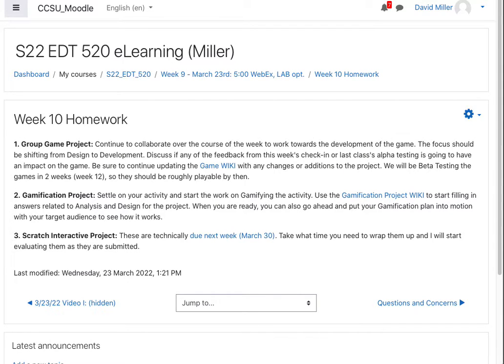But remember, these don't need to be complicated. The two main goals with the Scratch projects are that one, they are interactive in some way. So just something that the user does to the program, and then the program does something back based off of that. And that you've demonstrated that you can have an idea of what you want the program to do. That's the narrative piece, and that you were then successfully able to get the coding to do that thing you wanted it to do. So it doesn't have to be complex or complicated or intricate.